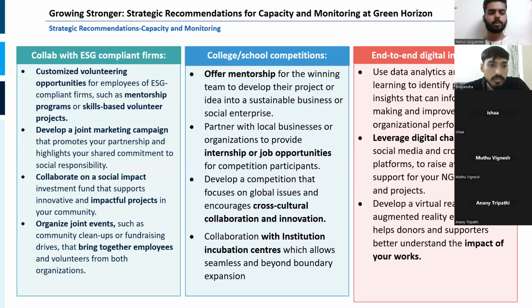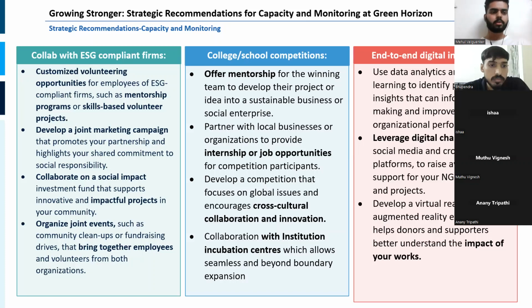So the next major problem that the NGO was facing was capacity and monitoring. The main issue was that there was a lack of employees for the NGO to work with, and that's the reason this is an issue. Also, monitoring the situation or monitoring the performance of the NGO was another challenge.